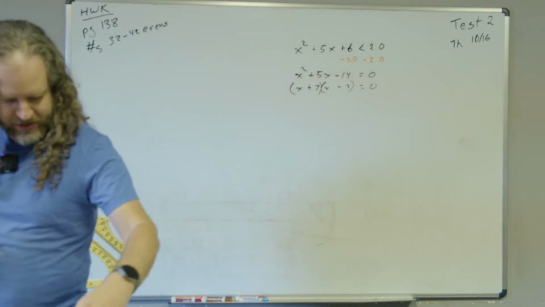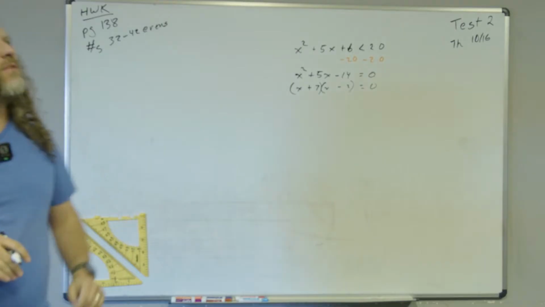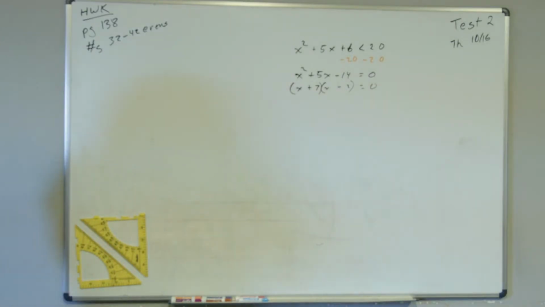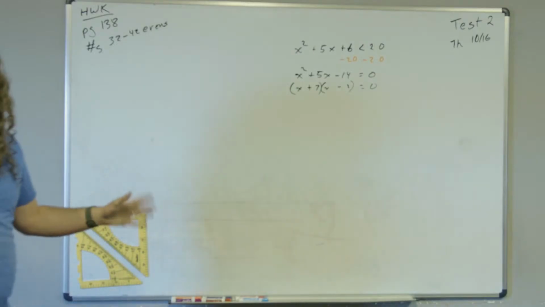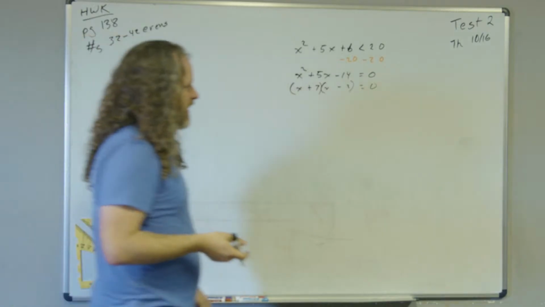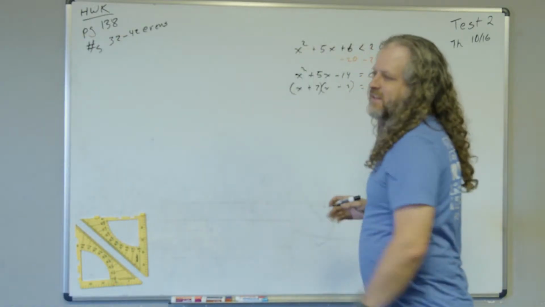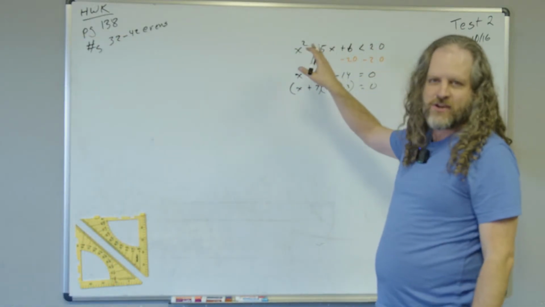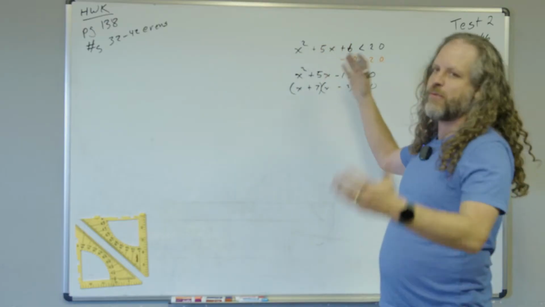The way that I teach this, and the book does too, I feel like there's another way to teach this, but this is always the way I've seen it. So this is going to be a parabola. If we were to graph this shape with an equals there, it's going to be a parabola.